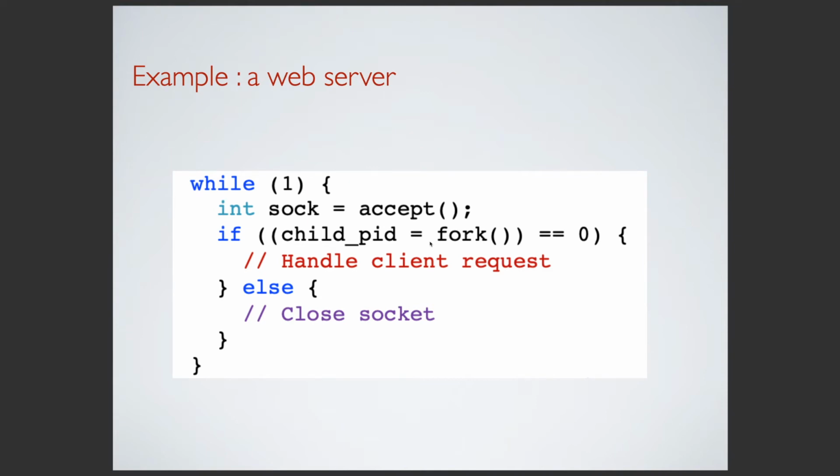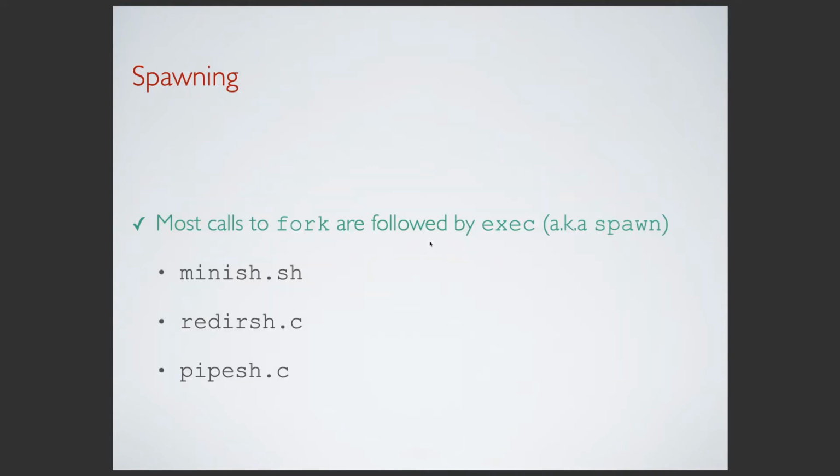So that's very convenient. But why exec? Well, let me show you an example. If you combine fork and exec together, what you obtain is something we call spawn. Sometimes we talk about spawning a process, or you use libraries that have the capability to spawn a process.